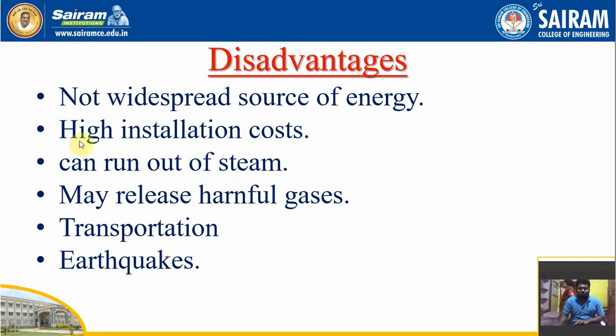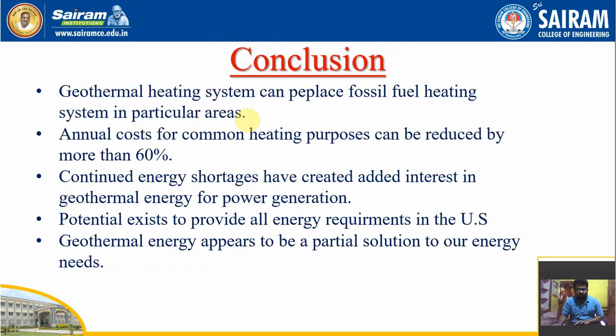The population cannot be affected by the geothermal power plant, and they have to be away from it. So there are only a few places for the setup of a geothermal power plant.